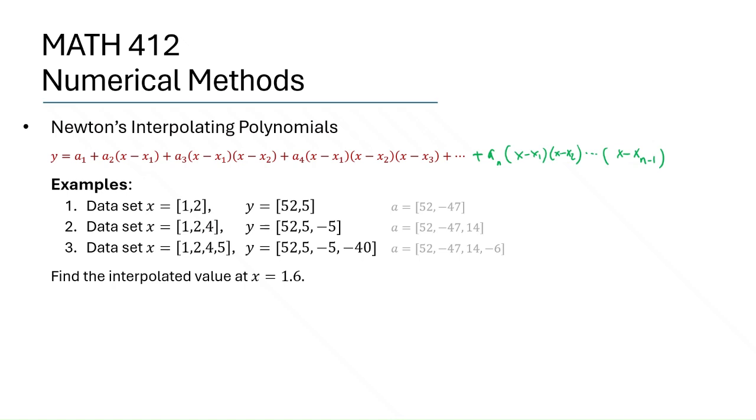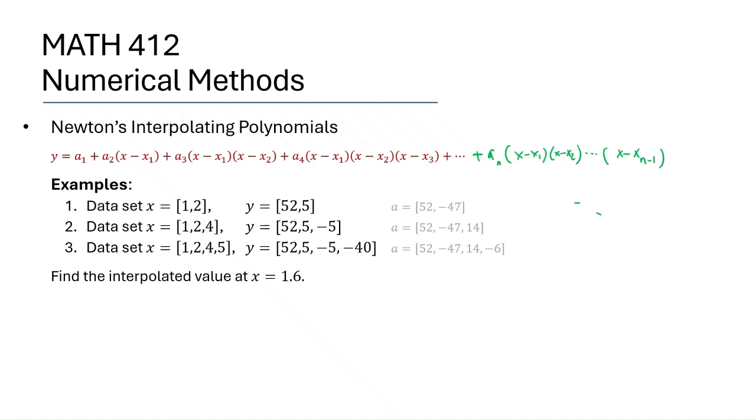Okay, so that term, if you expand it, just imagine you have x to the n minus 1 plus something. That term determines that this polynomial is of degree n minus 1.